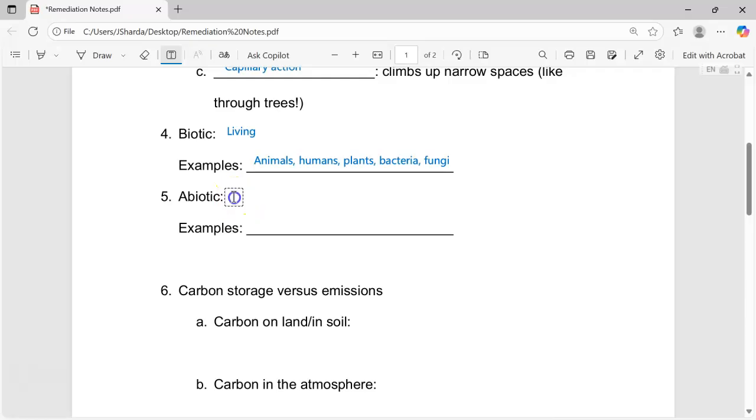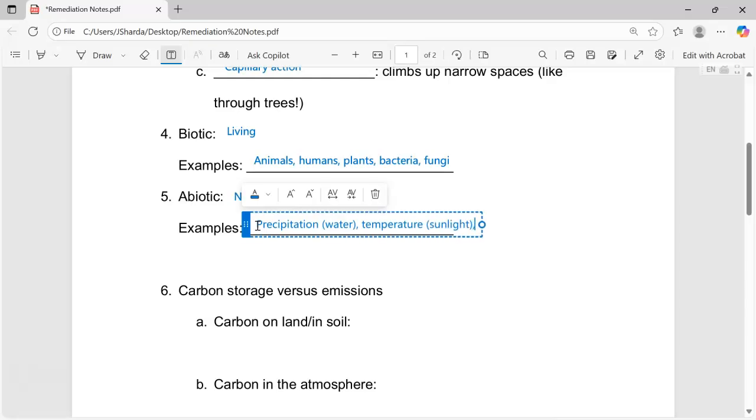Abiotic would be the opposite of this, non-living factors. Some examples of this would be precipitation. This is the amount of water in an environment. Is it living? No. Is it important? Absolutely. Temperature is the same idea. Temperature, sunlight itself, temperature itself is not alive.